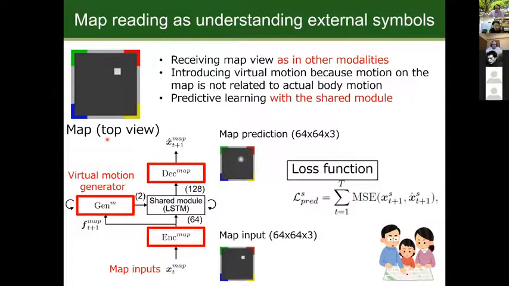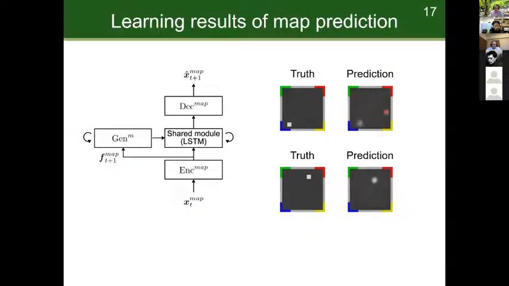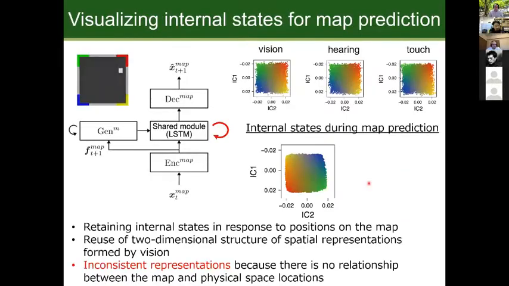So we introduced the virtual motion generator here. And then all the shared module neural network has to do is the map prediction, right? And this is the result of prediction. So using the shared module neural network, the prediction is properly performed like this.